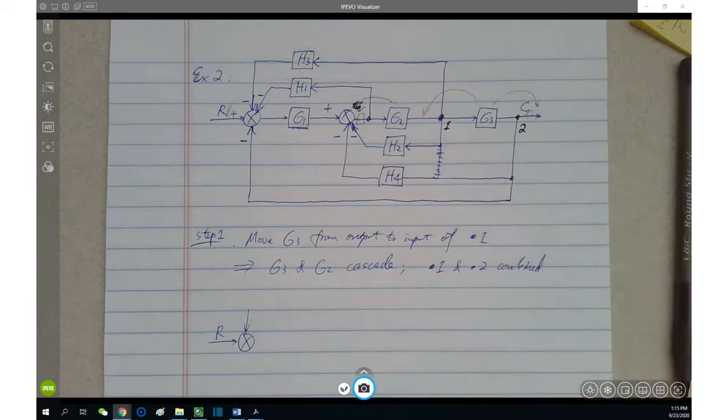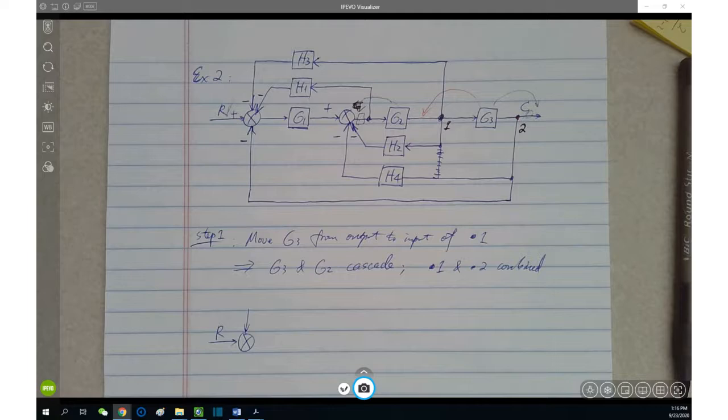No problem for that. However, you can't come up with a combination like H2 plus H4 directly. Can anyone tell why? This is something you need to be very careful about. No one?